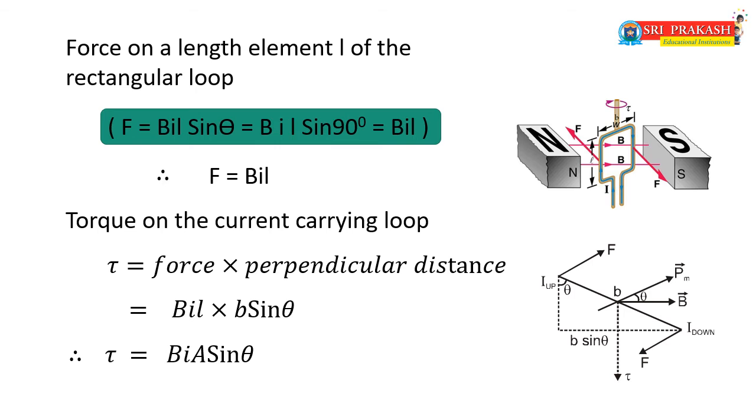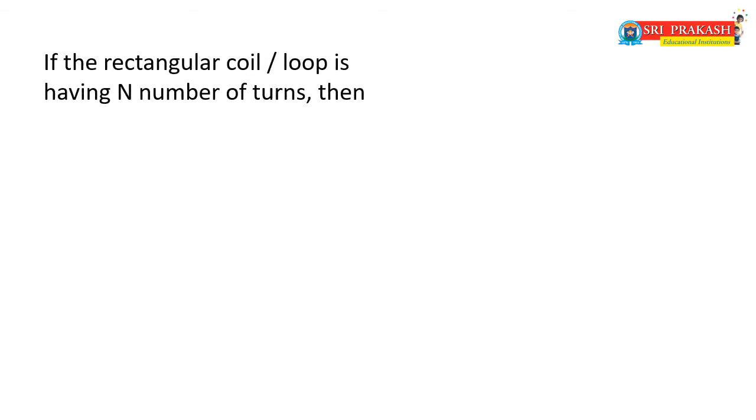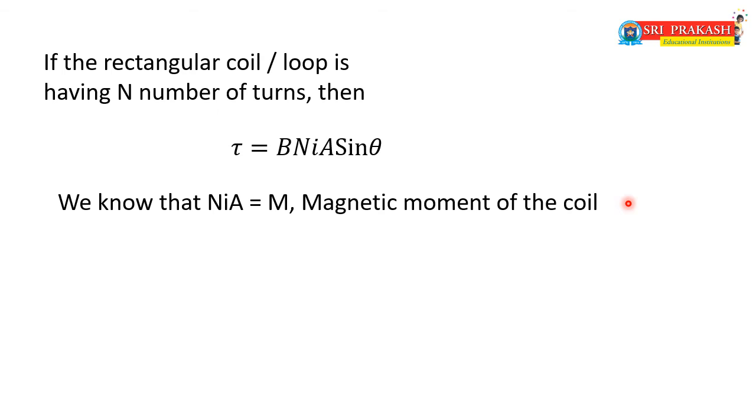If it has N number of turns, then torque tau equals B into NIA sin theta. We know that NIA, current into area of the current carrying loop including number of turns, is nothing but the magnetic moment that we already discussed in the previous topic.